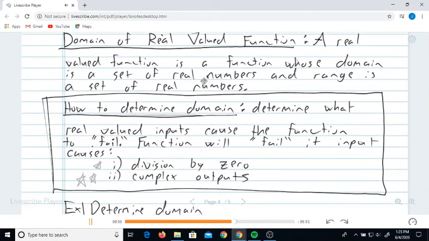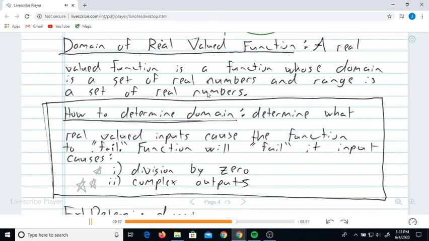Now let us focus on what we call real valued functions. So a real valued function is a function whose domain is the set of real numbers, and range is also a set of real numbers. So a real valued function is a strictly numerical function in which you input numbers and it outputs numbers.